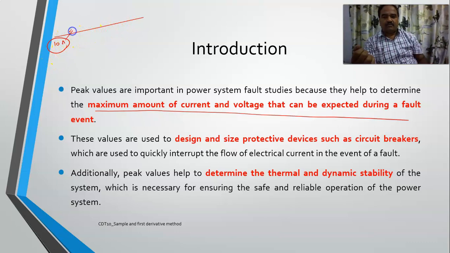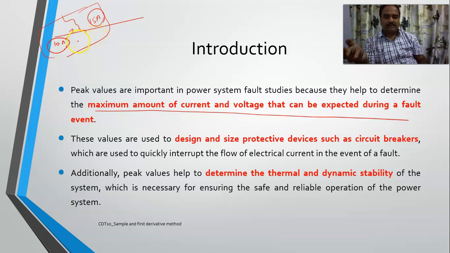If a fault happens on the power system, the maximum allowable current is 15 amperes. So at any point of time, I must know the peak value of a signal. Based upon this, I will design suitable protective equipment, such as circuit breakers.